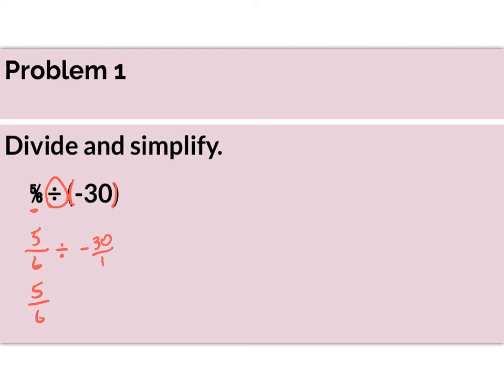Change the division to multiplication. Flip the second fraction upside down. Cross multiply where you can. And 1 times negative 1 is negative 1. And 6 times 6 is 36. So our answer is negative 1 over 36. And this fraction is simplified because there's nothing to divide out on the top and the bottom is the bottom.